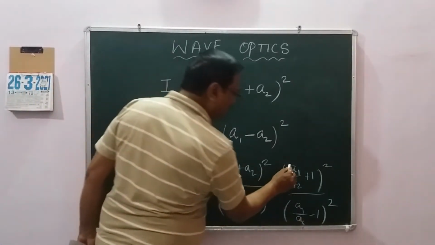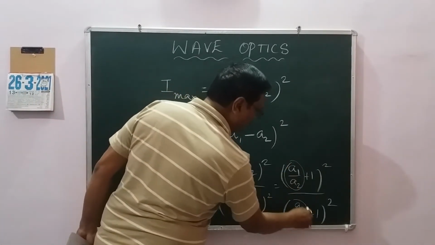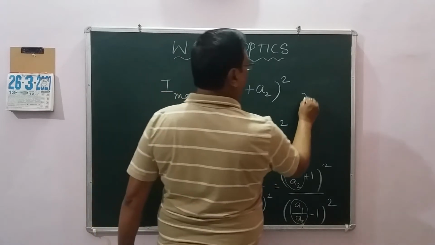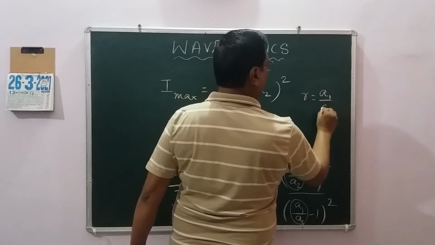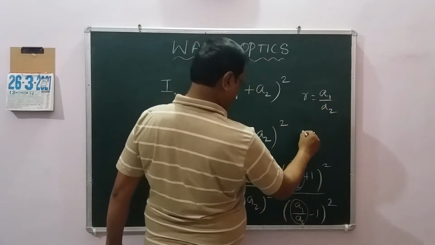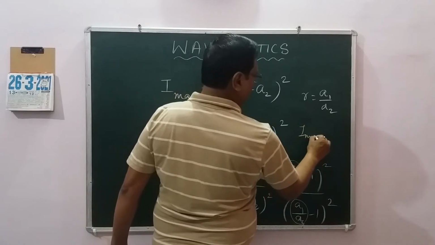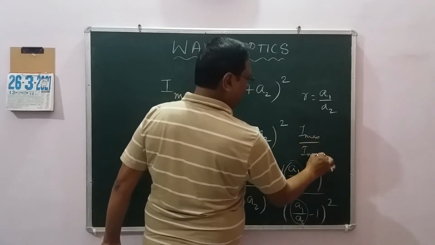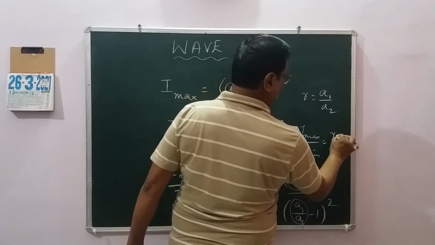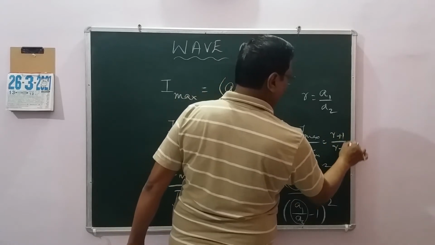Sometimes people use A1 by A2 to be simply R, where R is equal to A1 upon A2. So we can write intensity max upon intensity min is equal to (R plus 1) upon (R minus 1), whole squared.